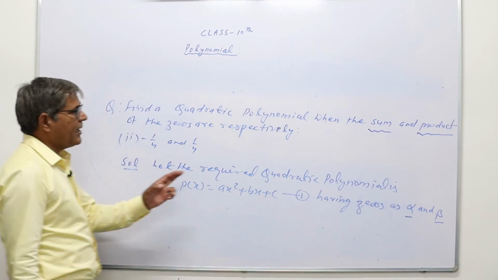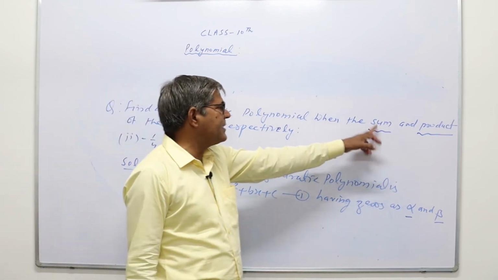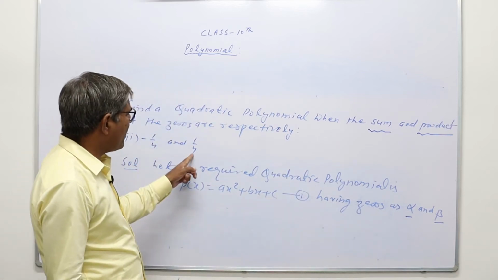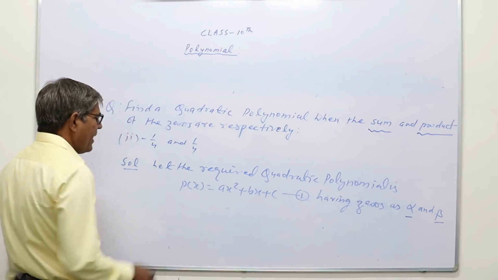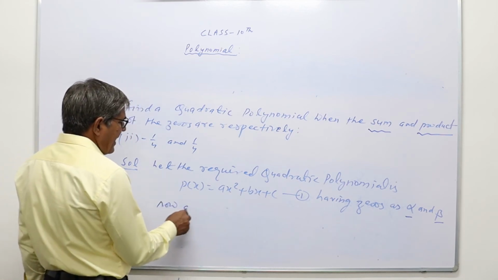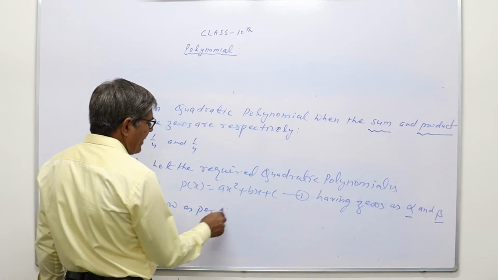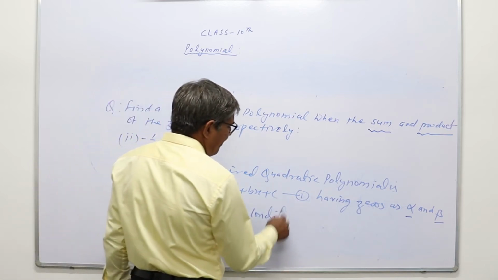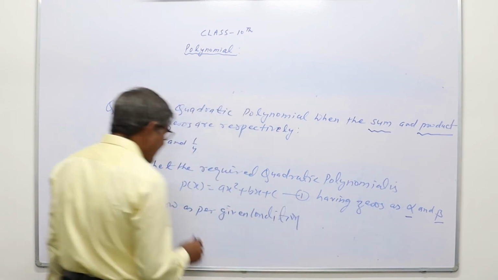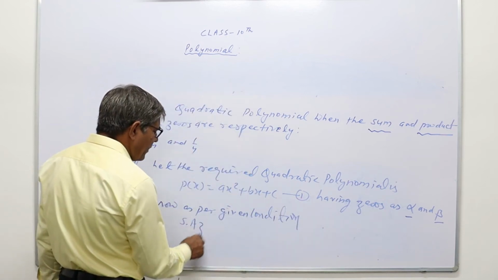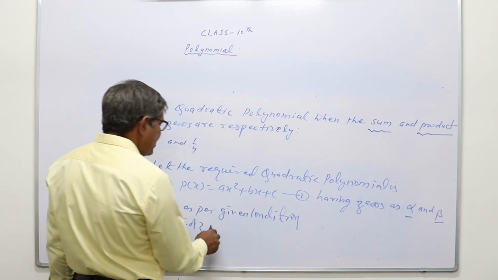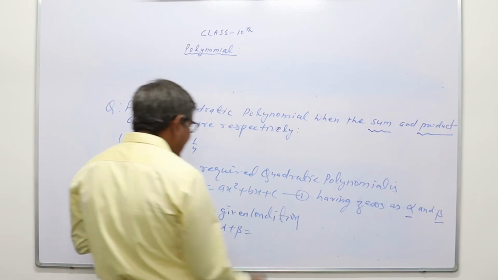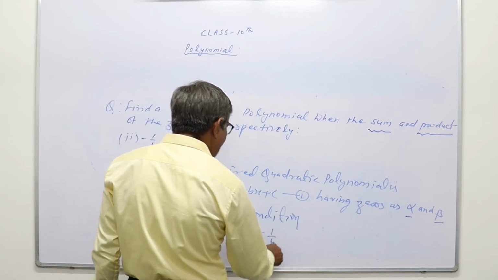Read the question carefully. Sum of the zeros is minus 1 by 4 and product of zeros is 1 by 4. Now, as per the given condition, sum of zeros S of Z is equal to alpha plus beta, and alpha plus beta is given as minus 1 by 4.